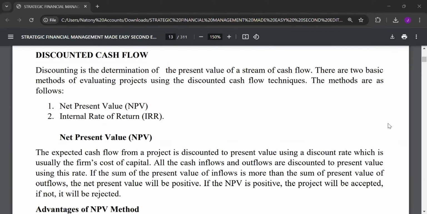Basically, what you're trying to do is to bring the cash flow to present value. Okay. And the second method is the internal rate of return.